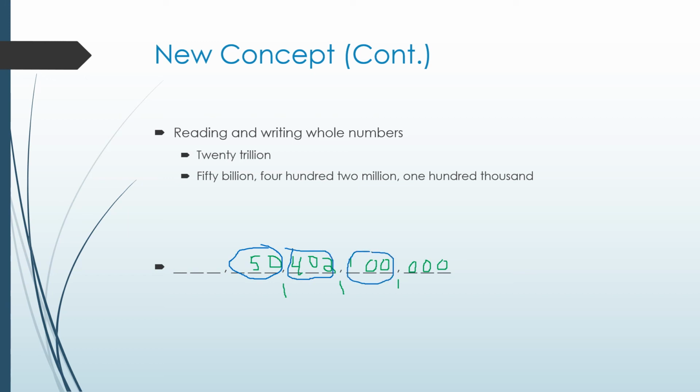So I have 50 billion, 402 million, 100,000. And you say those billion, million, and thousand when you get to those commas.